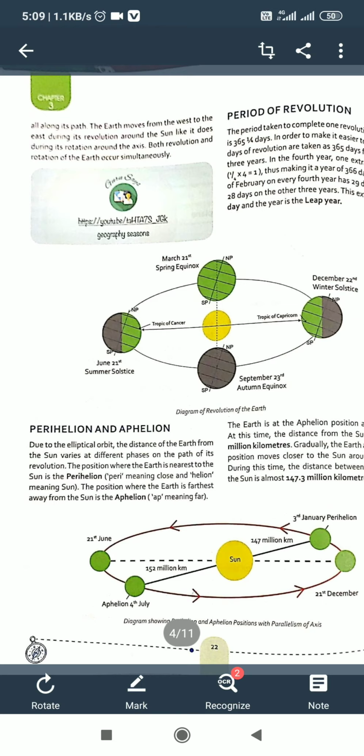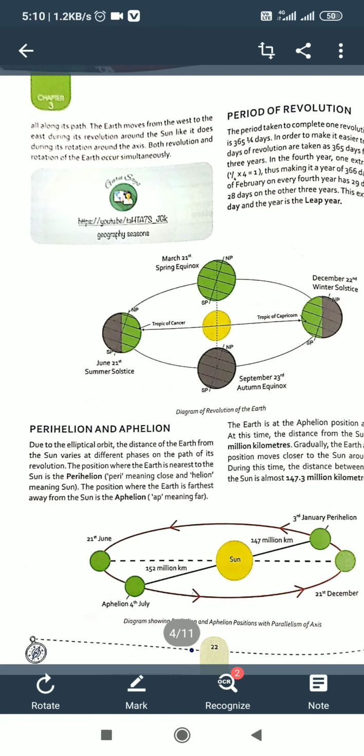Now, I am going to teach you about the leap year. What is a leap year? The earth completes its one revolution around the sun in approximately 365 days and 6 hours. For our convenience, we consider the year as consisting of only 365 days and ignore the 6 hours.